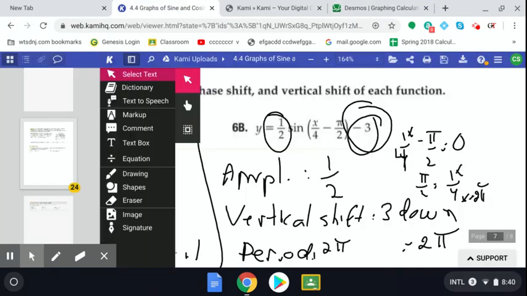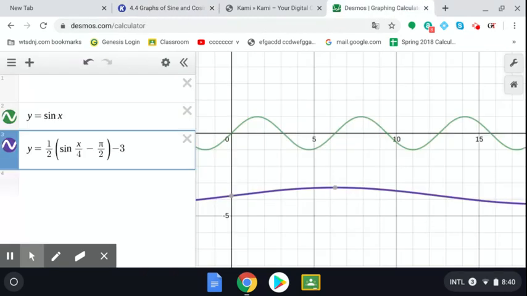Oh, it's x over 4 minus pi over 2. Right. Okay, so we are good.